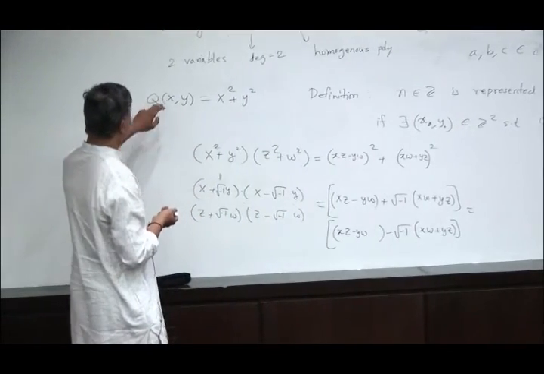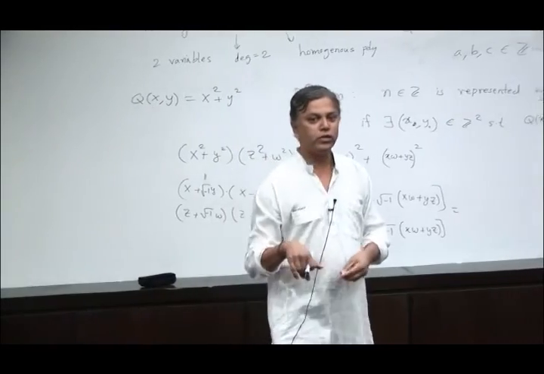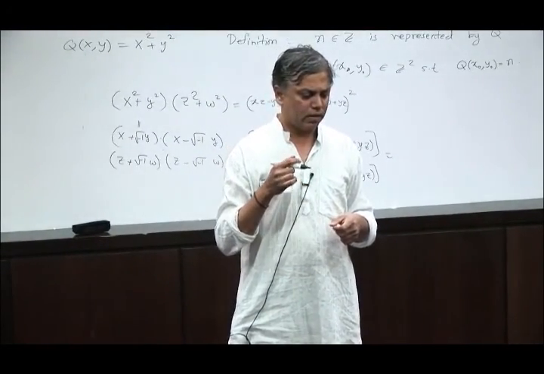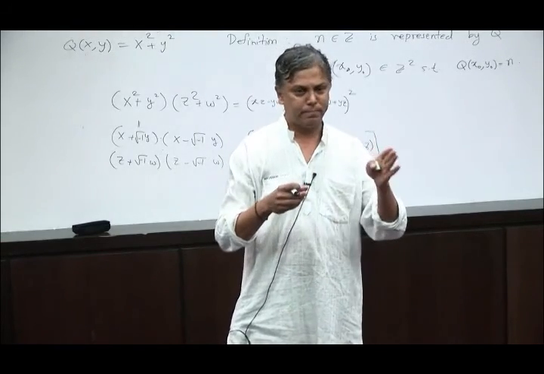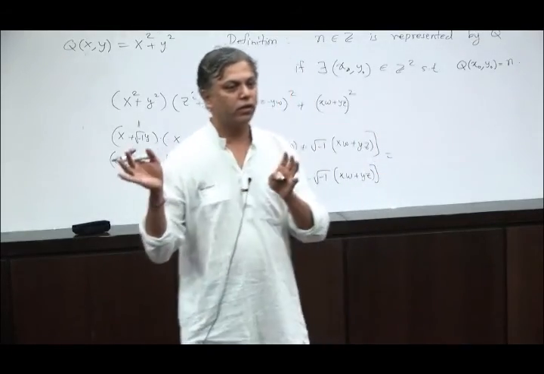And the other part is, this kind of composition will reduce the problem of representing an integer n by a quadratic form to representing the prime factors of that n in terms of the quadratic form.